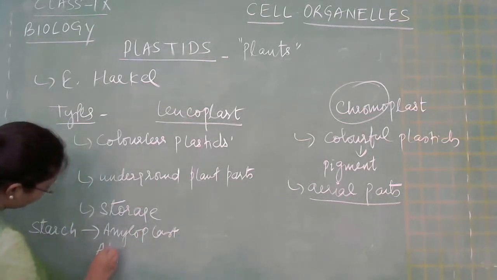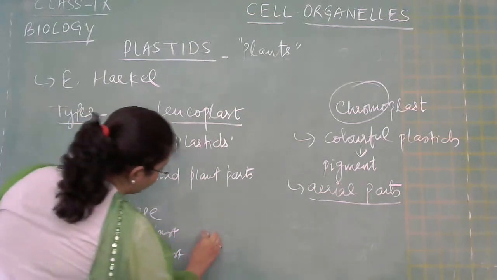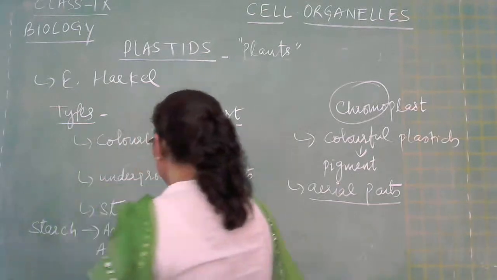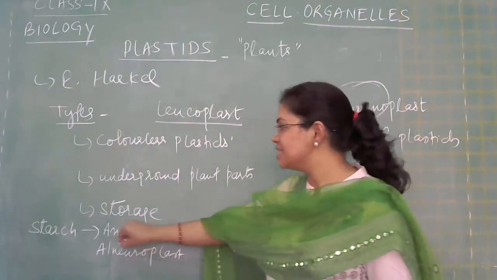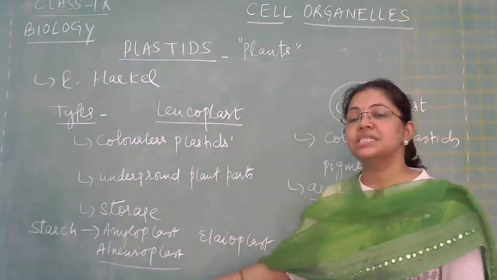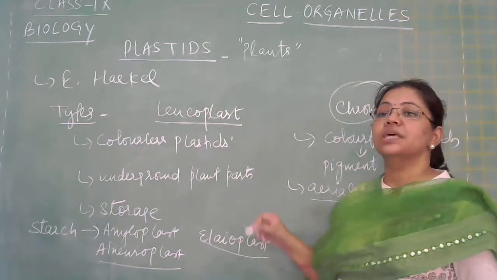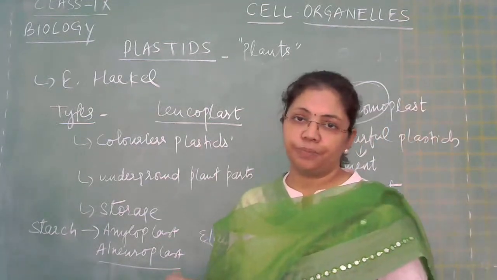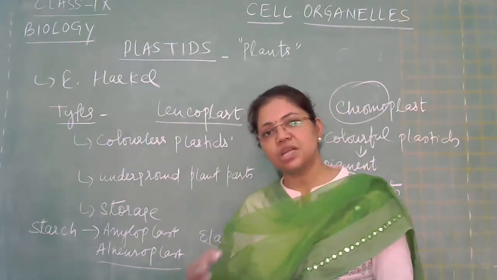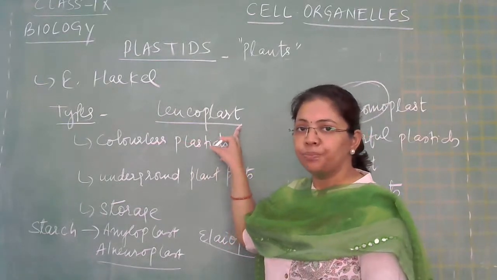Similarly, we have proteinoplast, and then we also have elaioplast. So amyloplasts store starch, proteinoplasts store proteins, and elaioplasts store fats, right? So based upon what kind of substance they are storing, we have got different kinds of leucoplast.